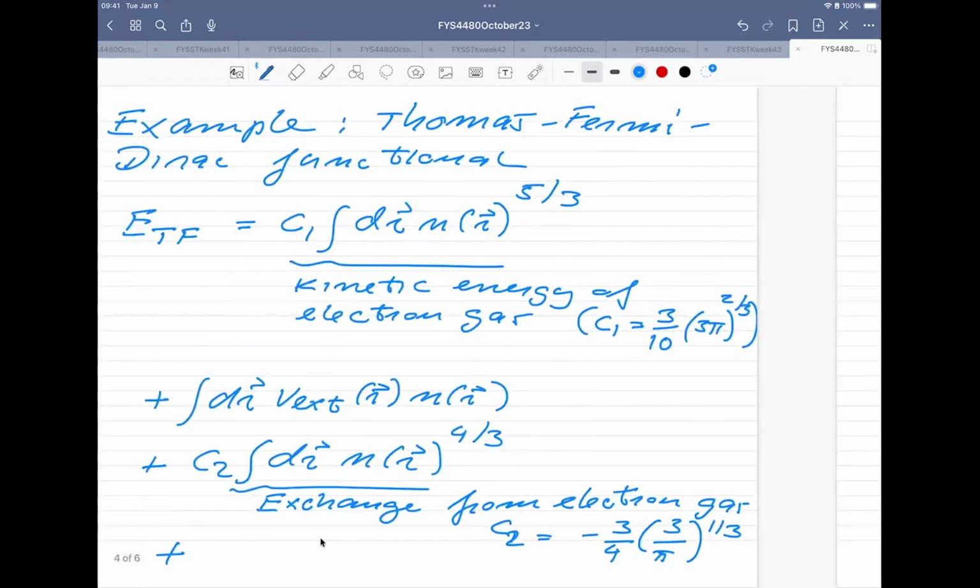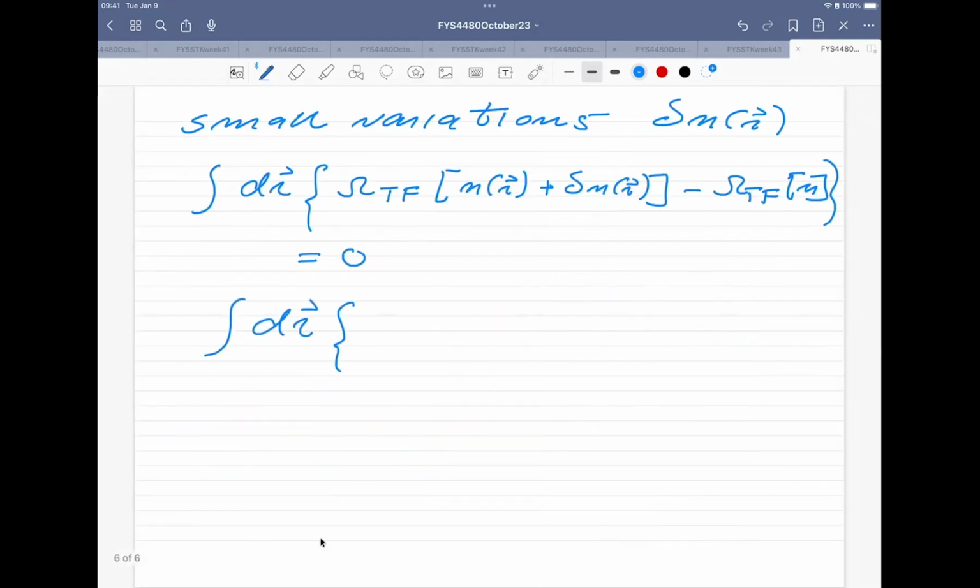So I will get a term which goes like C1 multiplied with 5/3, and then multiplied with density to the power of 2/3. Then what I'm going to do is simply set up an equation in terms of a potential V of r minus mu, and this is multiplied with a delta n of r.